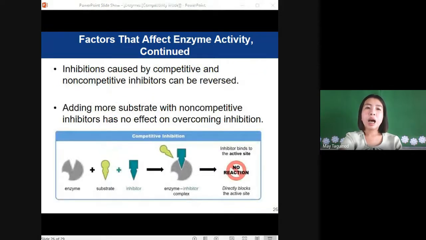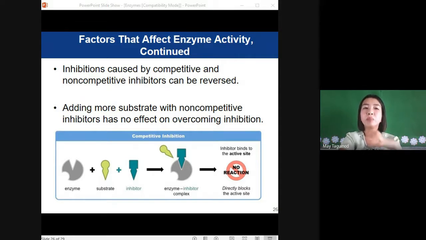Inhibition caused by competitive and non-competitive inhibitors can be reversed. Inhibition by competitive inhibitors can be reversed by adding more substrate. The higher the concentration of substrate, the more likely it will overcome the competition for the active site.